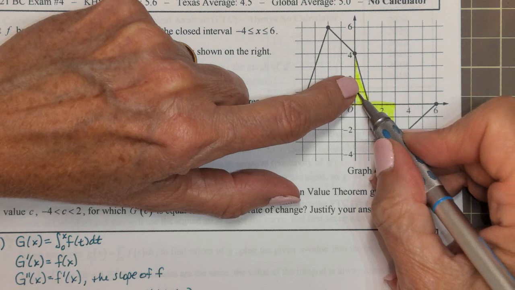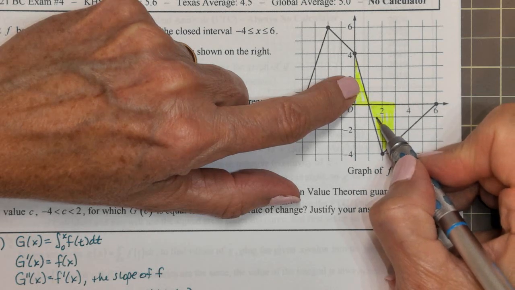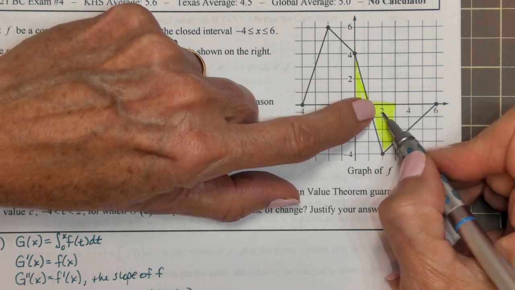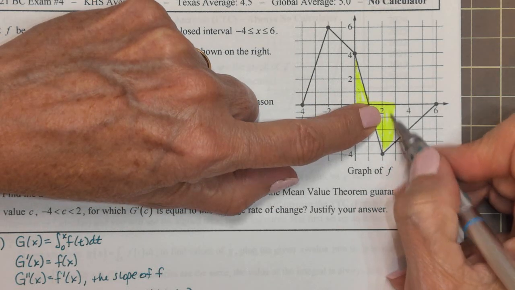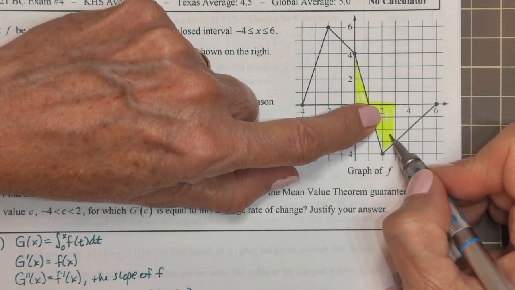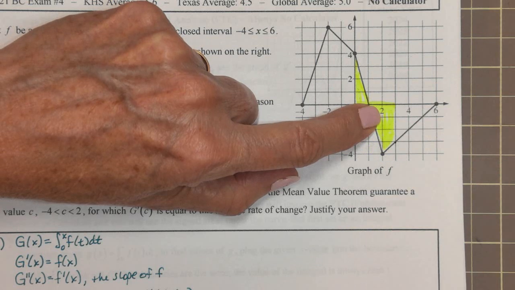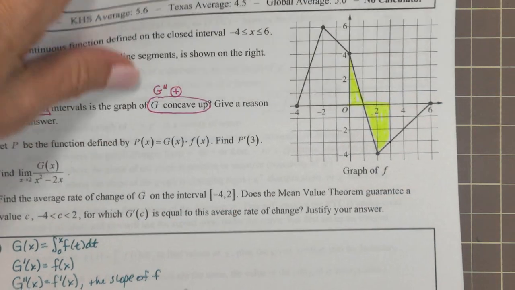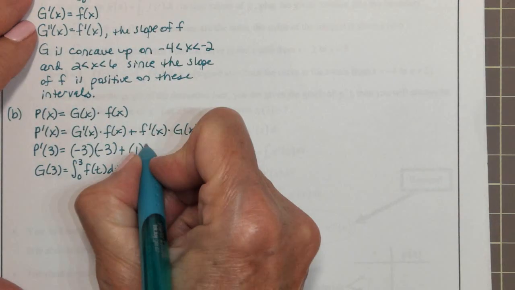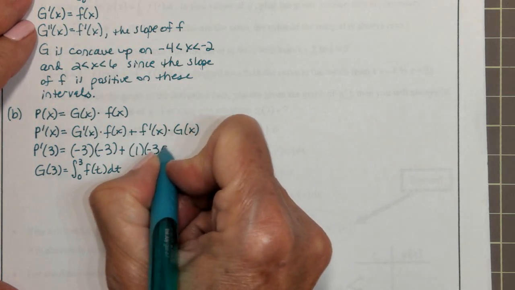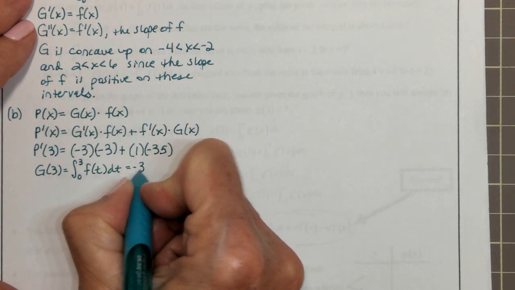So one is above the x-axis, one is below the x-axis, so those will cancel each other out. I'm left with a piece below the x-axis of area 3.5. So negative 3.5.